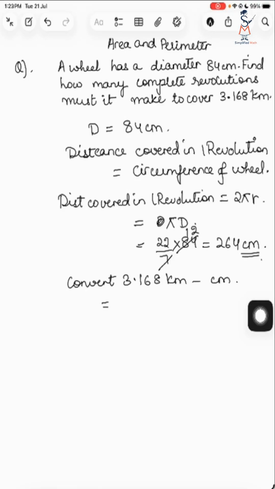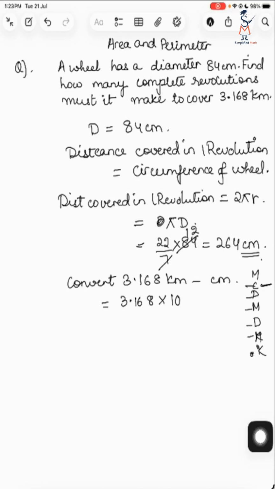When you change kilometer to centimeter, you multiply. See here: milli, centi, deci, meter, deca, hecto, kilometer. You are at kilometer and you want to come to centimeter. So 1, 2, 3, 4, 5. That means you have to multiply this number by 1 followed by 5 zeros.